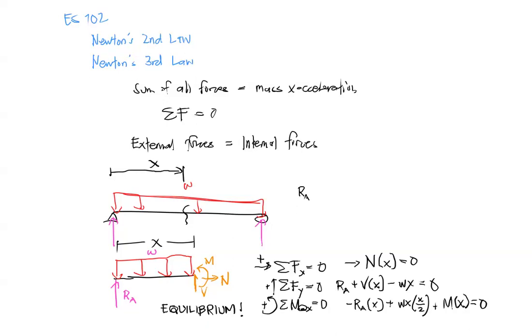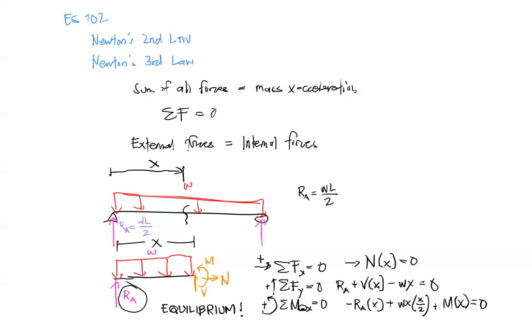So itong R_A na to, kapag dito ka sa buong system nag-solve, is equals to wL over 2. So sorry, may na-skip tayo na procedure. So ginawa mo yung analysis ng buo, then ito is already known. Dapat known na siya. So omega L over 2, that is positive.